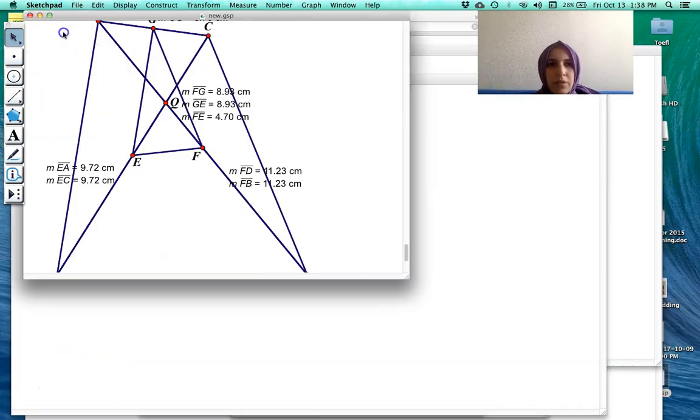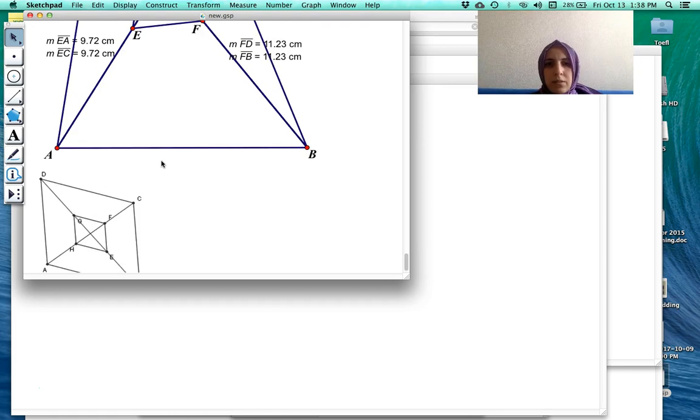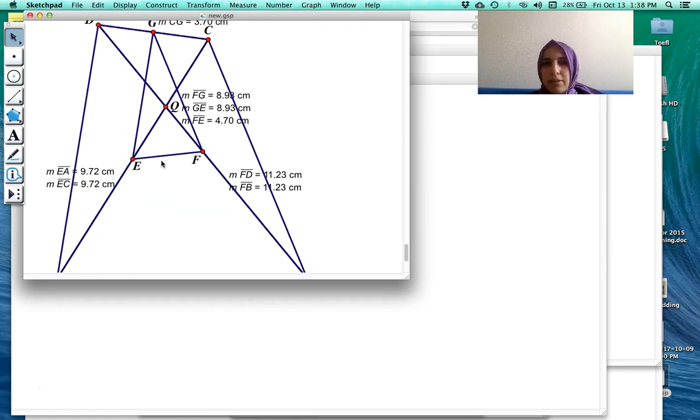Anyway, I couldn't find the other. I think points E and F and G are midpoints. The other conjecture can be that the triangle EFG is isosceles.